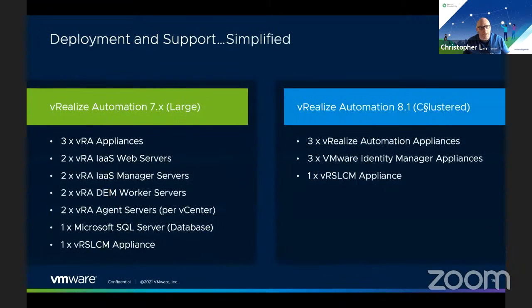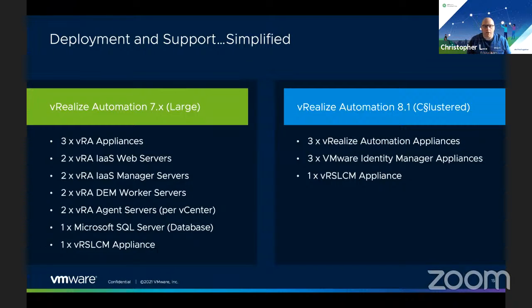And when we look at the deployment, it's simplified in terms of you have somewhere between 12 and 15 servers for vRealize Automation 7 in a large deployment. In a cluster deployment that can manage and maintain almost double the amount of virtual machines and deployments, you've got 7 machines.